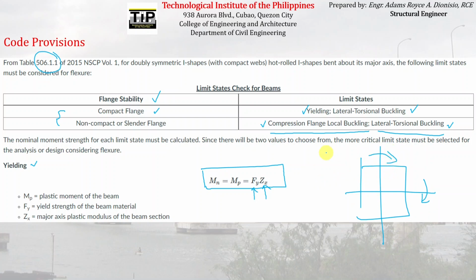But again, we are just limiting our discussion to beams bent about their major axis. That's why we only put Zx here. But there is also Zy, guys. You also have to check that whenever it is mentioned by the problem.